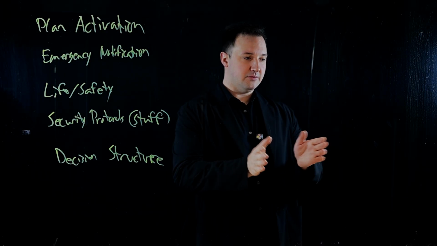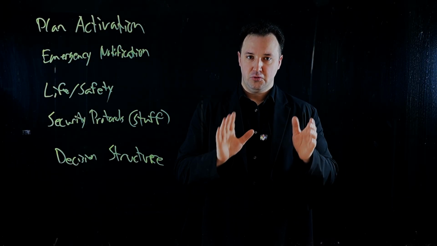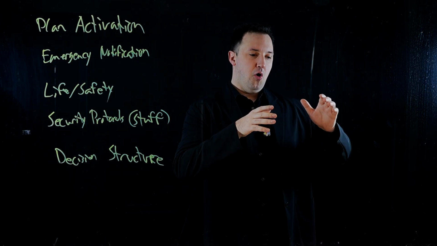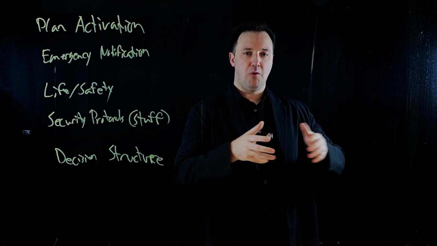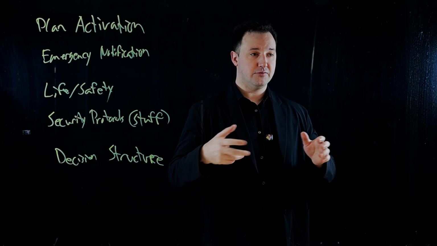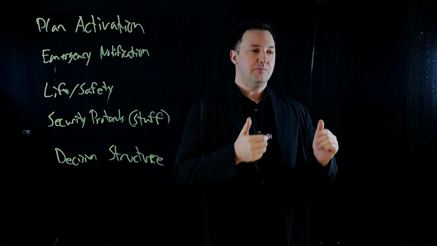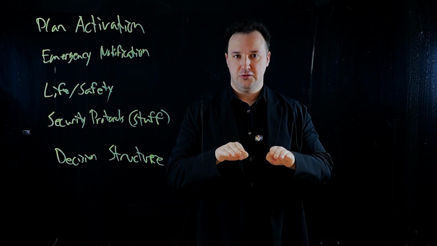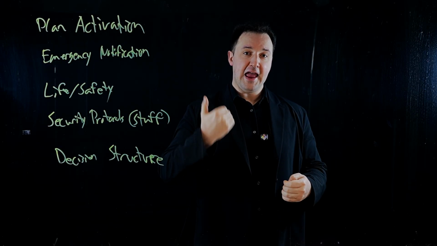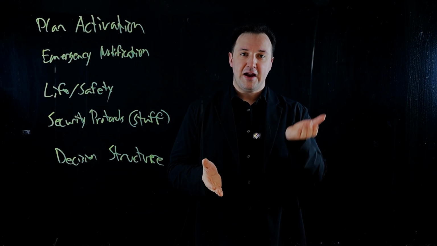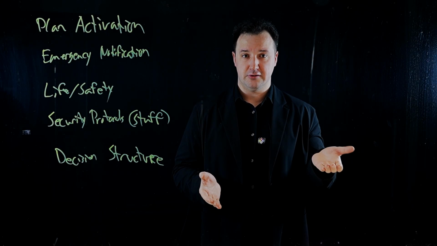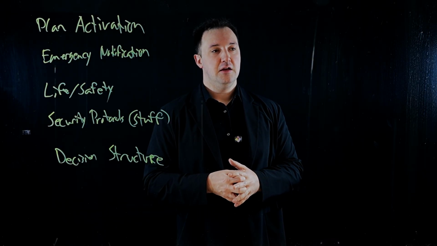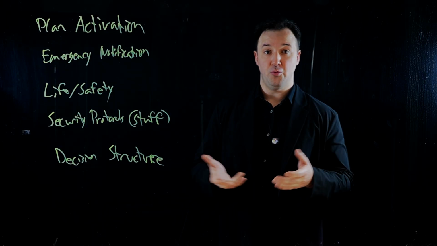So you have to make some sort of decision between how many people I want to be able to activate this thing so I have some level of redundancy built in, versus how much error I am willing to allow. Because the more people who can activate something, the greater the risk of a false alarm, the greater the risk that the fire department's going to show up and it was a waste of their time.